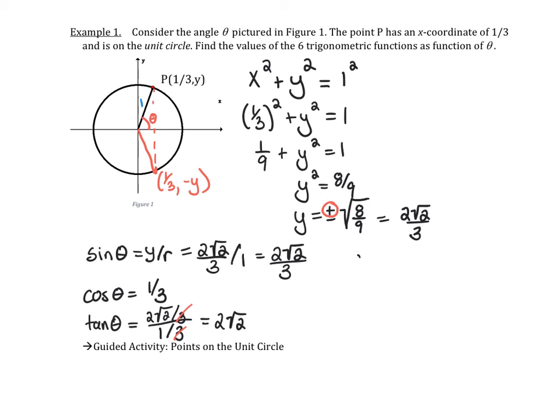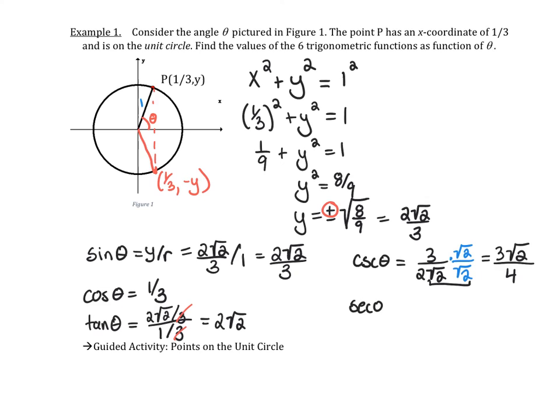Now I'll go to my cofunctions. The cosecant of theta is the reciprocal of the sine, so 3 over 2 square root of 2. And we do like to rationalize these answers, so we will multiply the top and the bottom by root 2 over root 2, and we get 3 root 2 over that root 2 times root 2 is 2, 2 times 2 is 4.